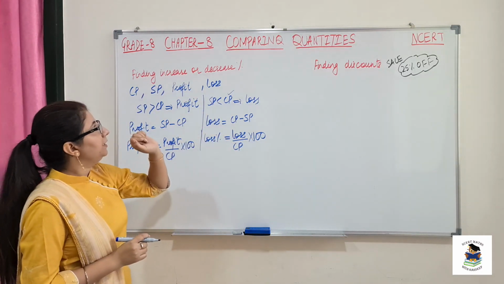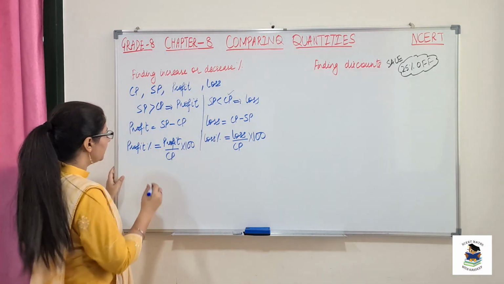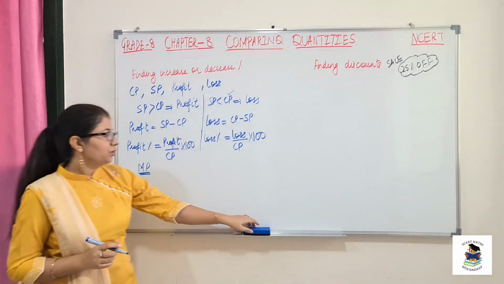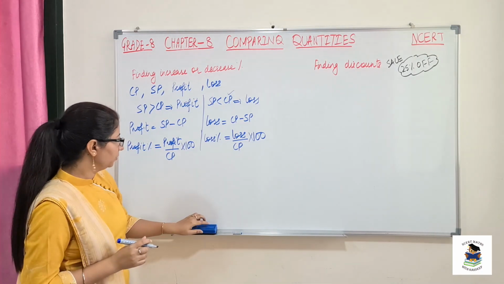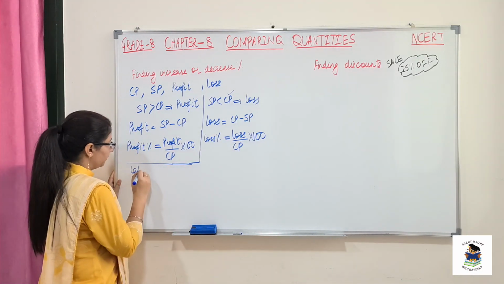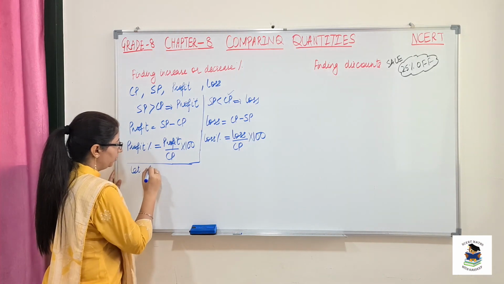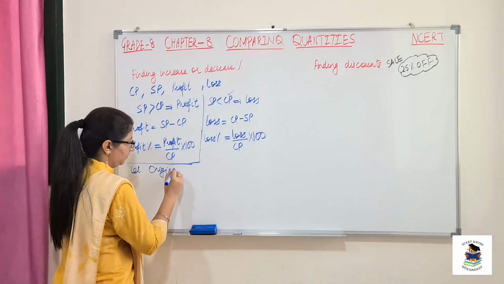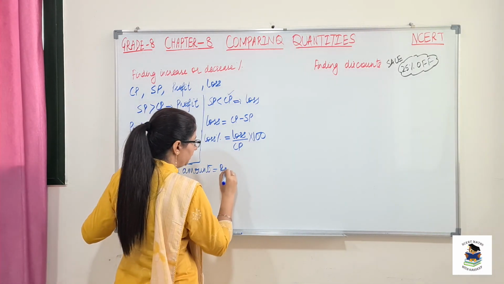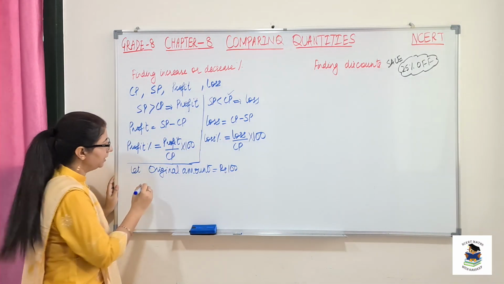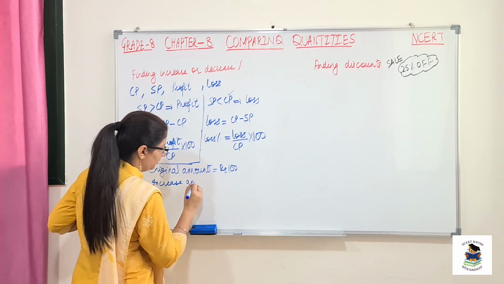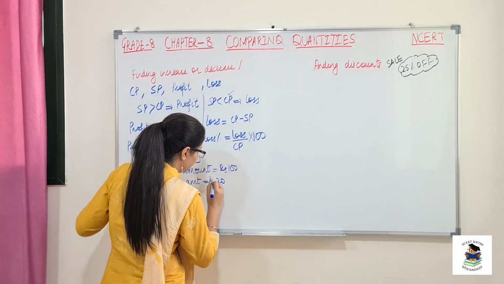So our topic is increase or decrease percentage. Same thing. Suppose I am taking the original price as market price, or we can write original amount only, to avoid any confusion. Suppose the original amount is something that I took for 100 rupees, and then I increase the amount by 20 rupees.